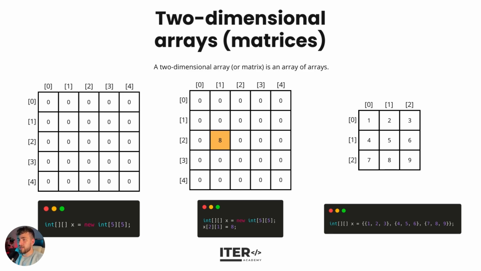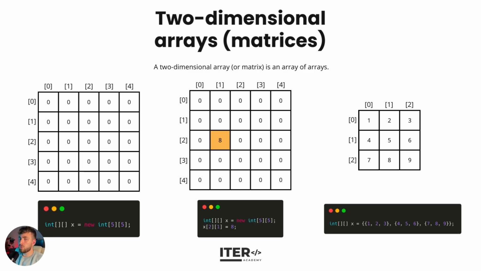In the second example, we also create a 2-dimensional array, and we initialize the element with index 2, 1 with the value 8. It means that we assign the value 8 to the element which is located at the row number 2 and column number 1.